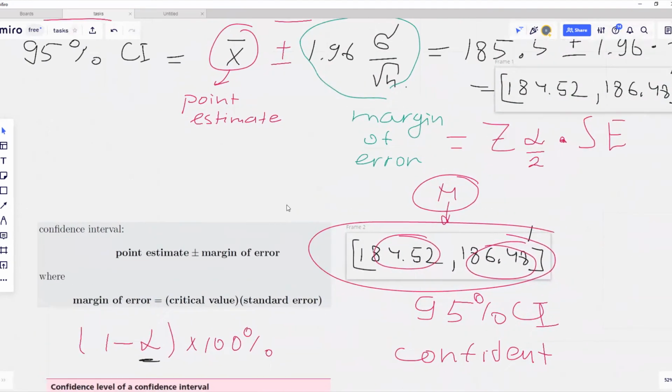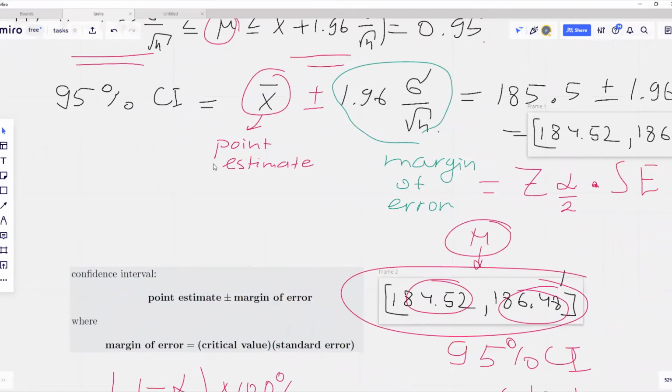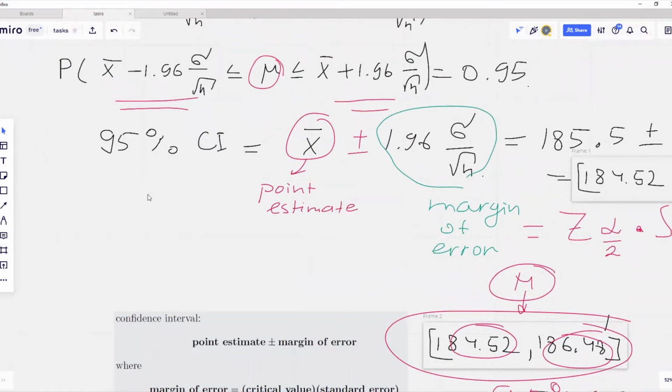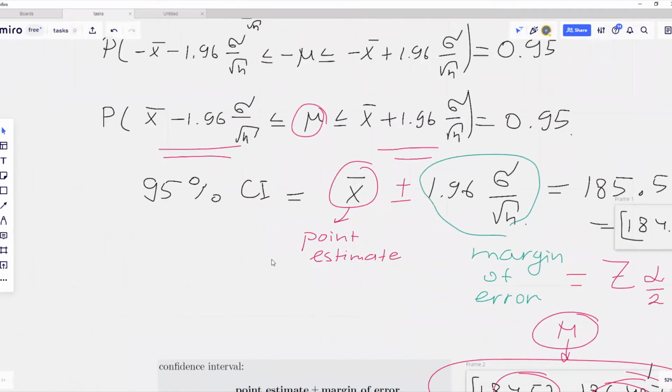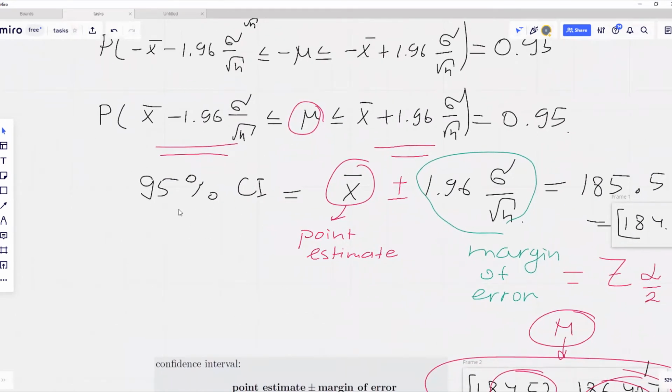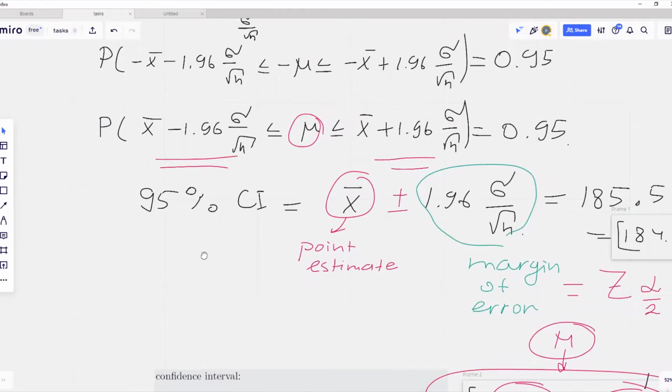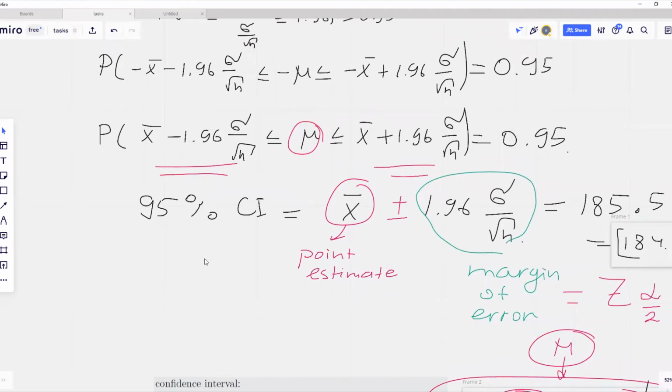All right, now what do we mean by critical value? Here in this example, we built a 95% confidence interval, but we can generalize and build a confidence interval of any confidence level. So we can build a 90% confidence interval, meaning that 90% of all possible intervals that we build using this procedure are going to cover the true population mean, or we can build a 60% confidence interval or any confidence level of your choice.